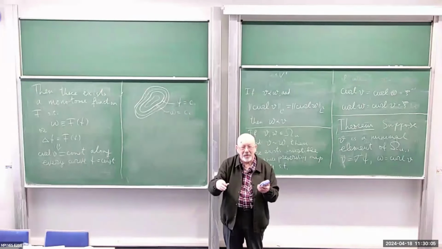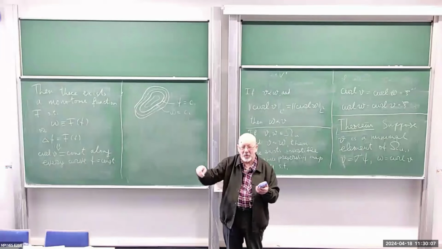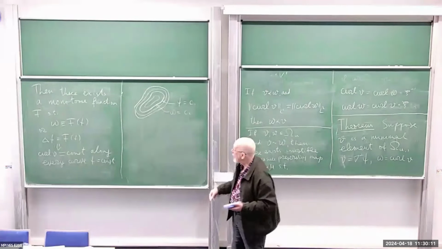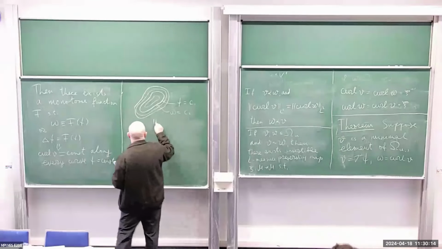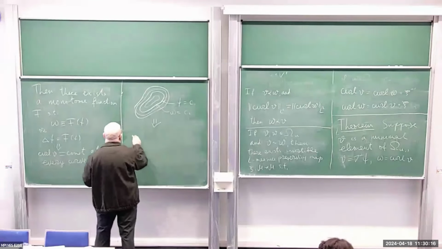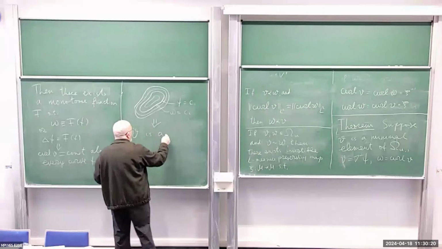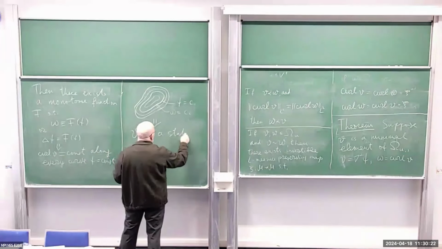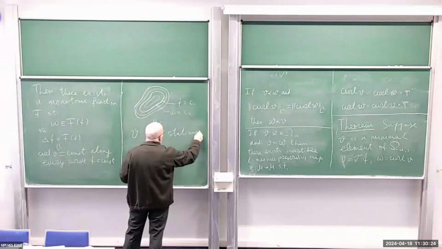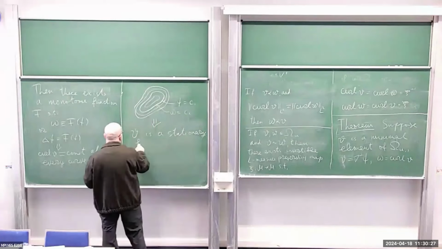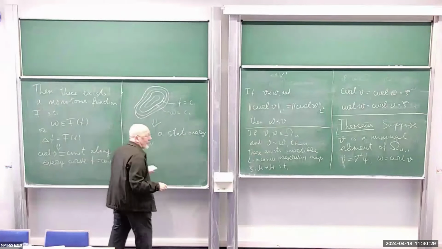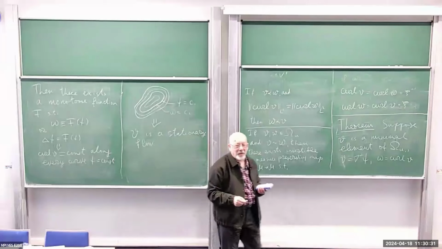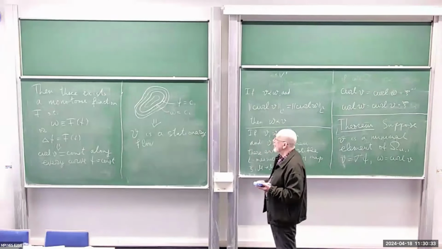So this means that vorticity stays constant along the same line. So this means that V is a stationary flow.